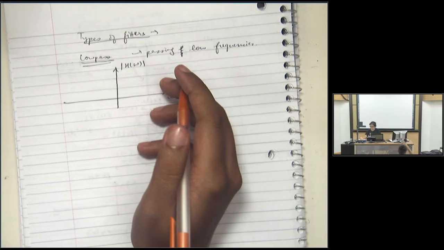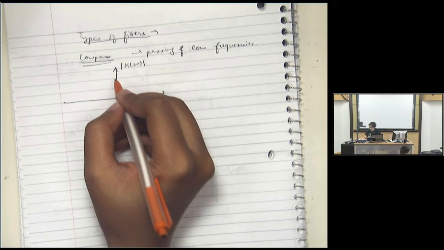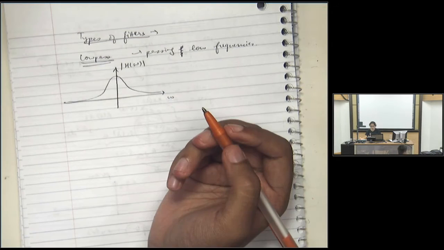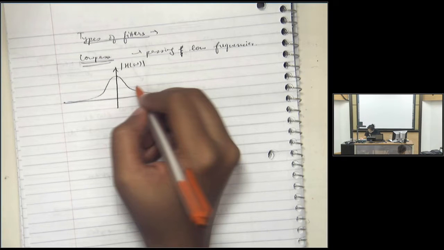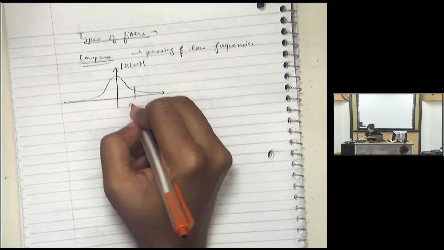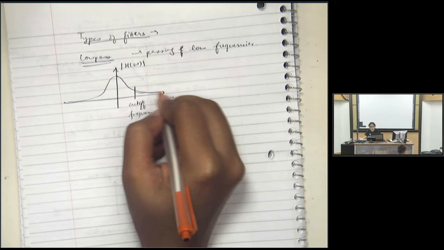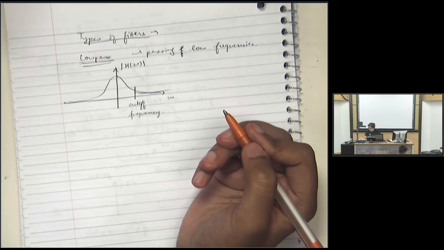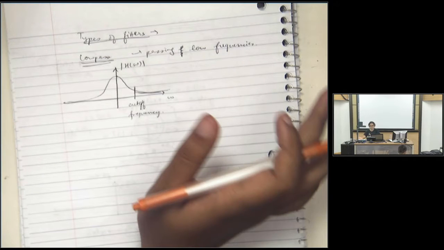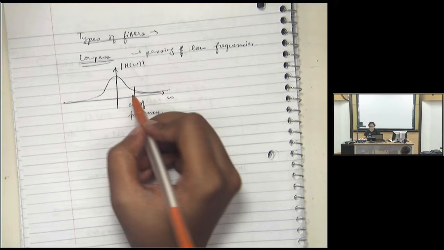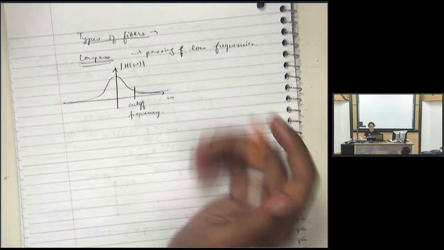Starts high and then goes low. Correct. So something like this, correct? And a point over here will be my cutoff frequency once it gets constant. Okay? So after my cutoff frequency, everything is attenuated. I'm not passing anything. And below my cutoff frequency, I'm passing my signal.